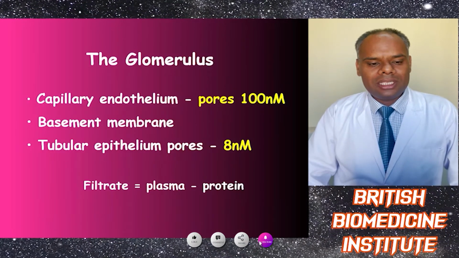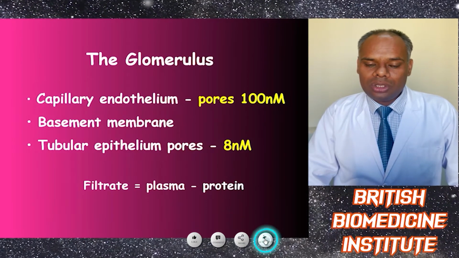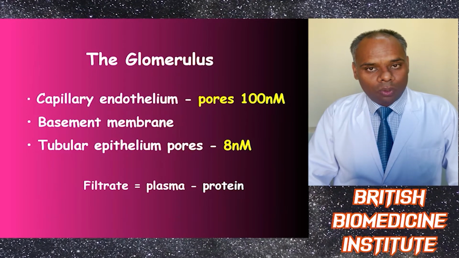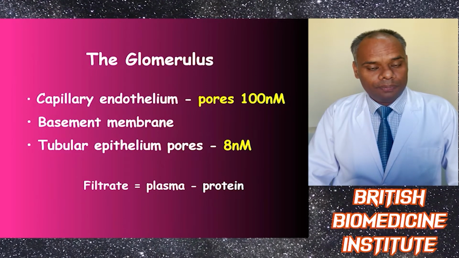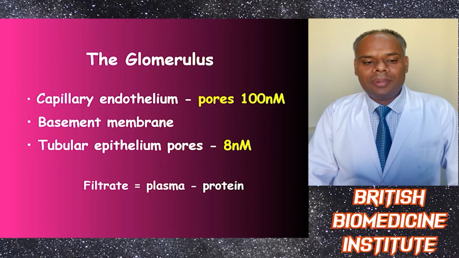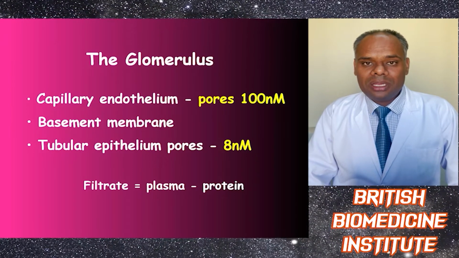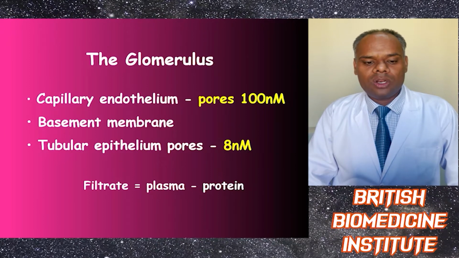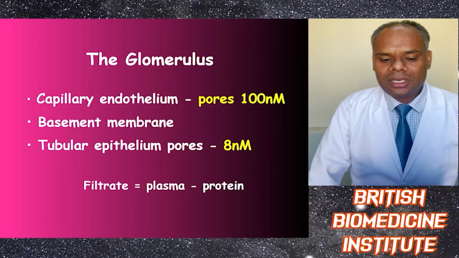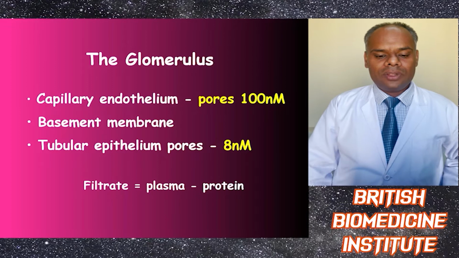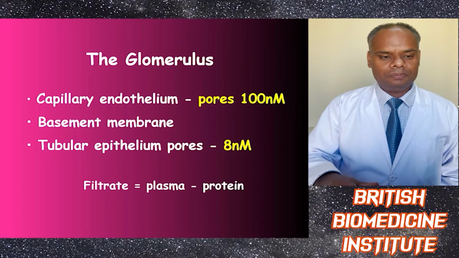The glomerulus basically has a capillary endothelium with pores of 100 nanometers, then a basement membrane, and the tubular epithelium pores are 8 nanometers. So the filtrate helps in differentiating plasma and protein.